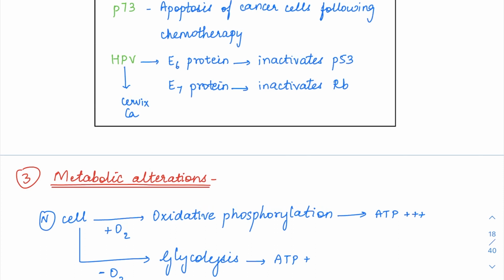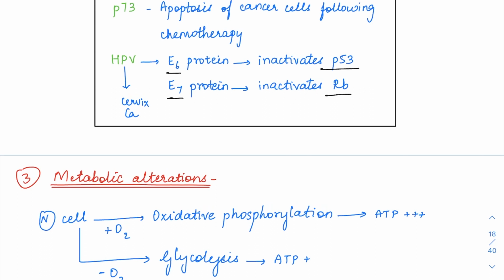These E6 and E7 proteins are going to damage the RB and the P53 gene, and thus lead to cancer. The E6 protein is going to inactivate P53, while the E7 protein is going to inactivate the RB protein. So both the cell cycle checkpoints are gone. The cell cycle is going to progress, resulting in cellular proliferation, mutations and cancer.